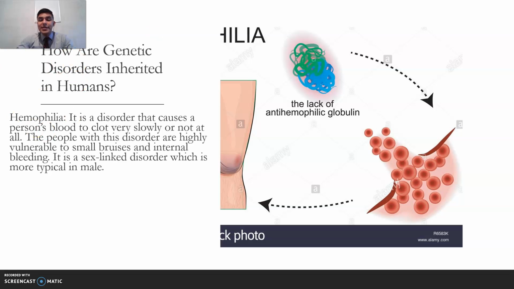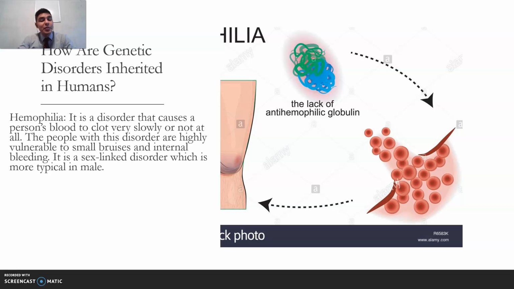So basically what we can see right here in the picture is hemophilia. And what's going to happen? Let's suppose that this person has hemophilia, and by accident, this person just hit his knee on the wall. Well, in a normal person, the blood is simply going to clot, so the bleeding is going to stop and nothing else is going to happen.